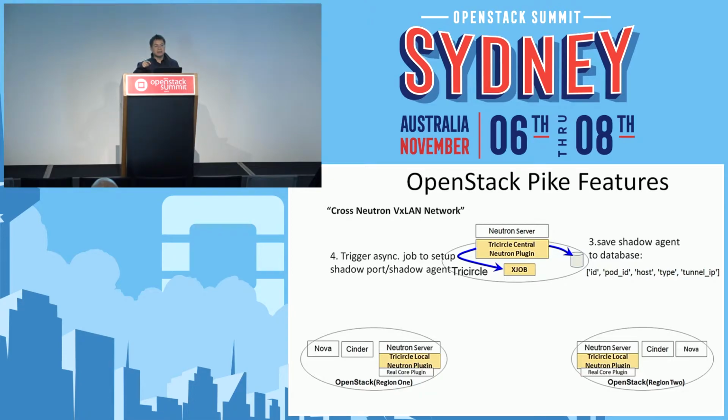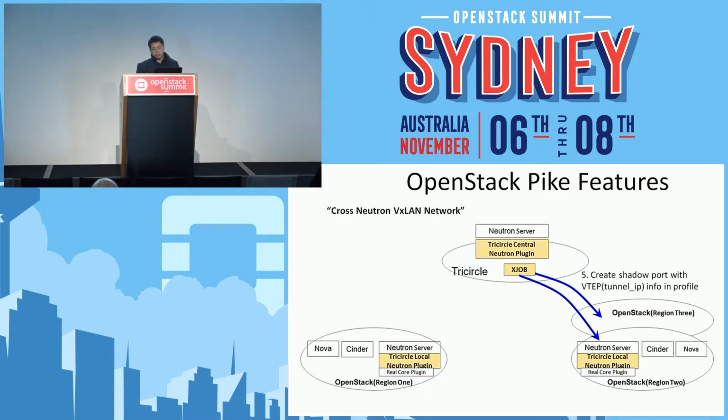We have one database for Tricircle purposes. Then the central plug-in will trigger an asynchronous job to establish the cross-Neutron VXLAN network. Because many Neutron servers may be involved, it may last a long duration, so we use an asynchronous job to do this.